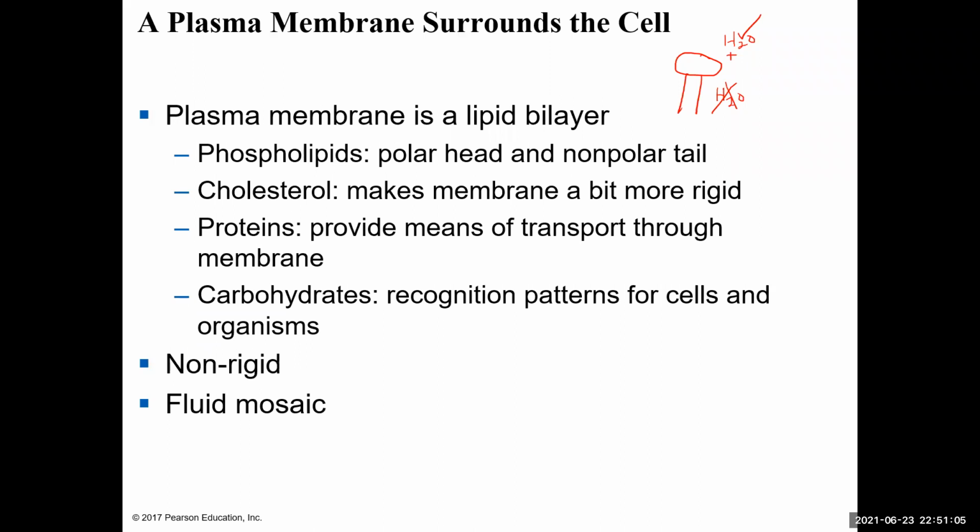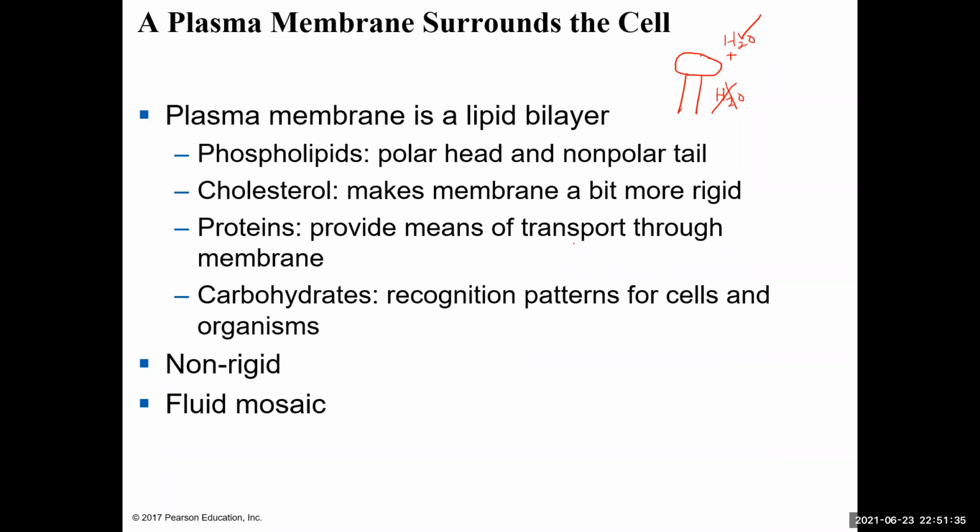And because the phospholipid has a non-polar tail, those polar molecules can't make it through, or they may be too big to make it between the spaces of the phospholipids. And so it needs that protein in order to serve as a channel to allow those molecules to basically move through.